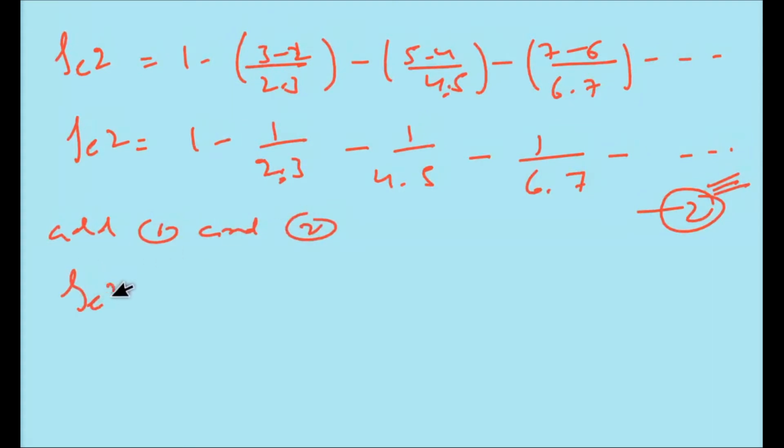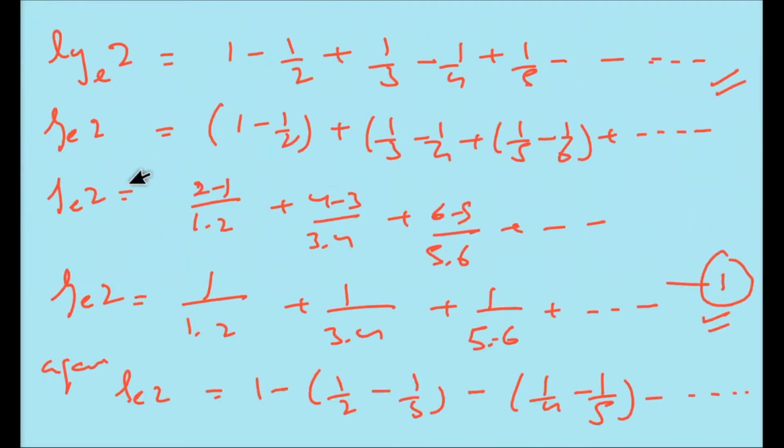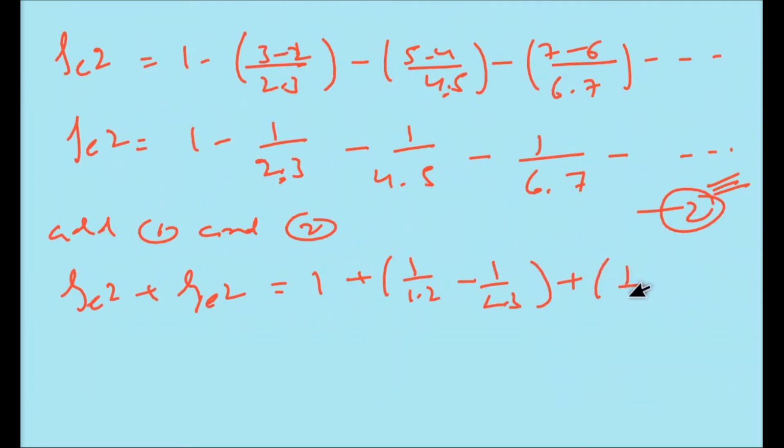Log e base 2 plus log e base 2 on the left side, and on the right side, taking the terms separately and taking the LCM, we get 1 plus 1 upon 1 into 2 minus 1 upon 2 into 3. Similarly for the next term, we have 1 upon 3 into 4 minus 1 upon 4 into 5, and in the same way you can add more terms.